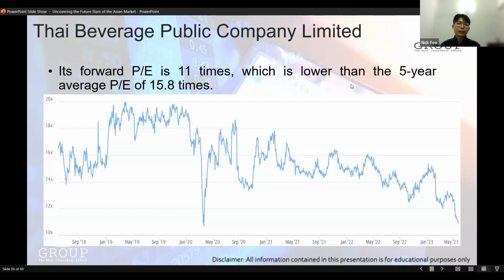Okay, now if you look at the valuations, the forward PE is about 11 times, which is here, and the 5-year average PE is 15.8 times. So if you look at the PE valuations, the stock is currently, I would say, undervalued. All right.